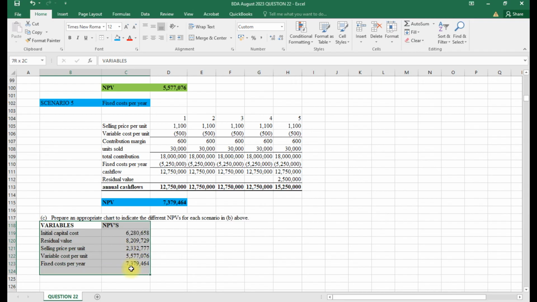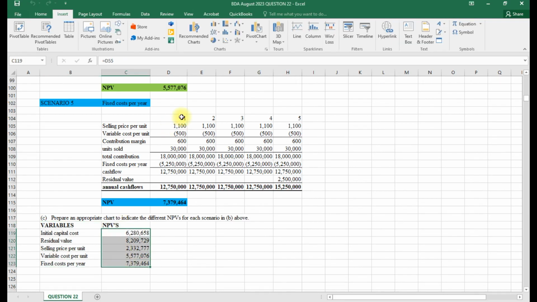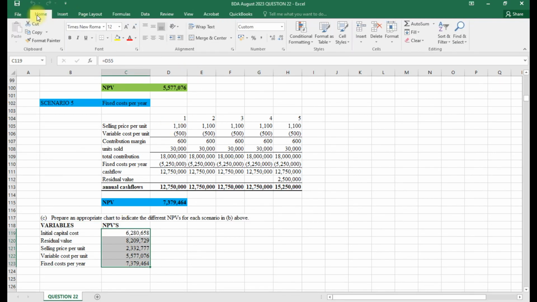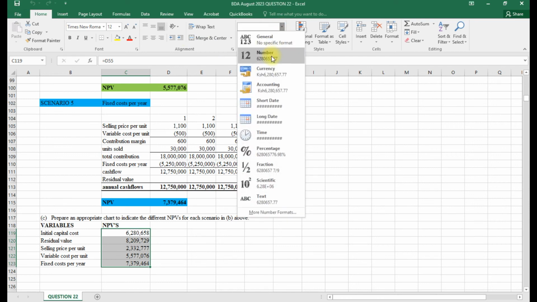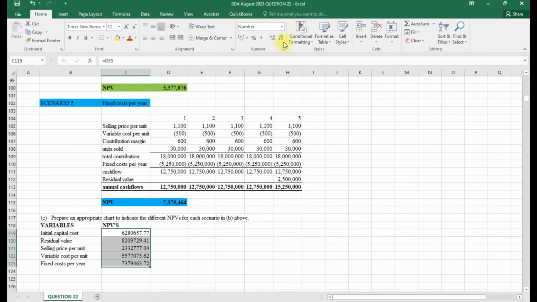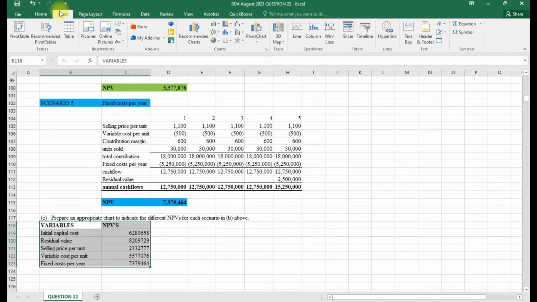So I'll highlight this. I'll change these values into numbers, to use numbers in one decimal place so that it will pick while I insert my chart.